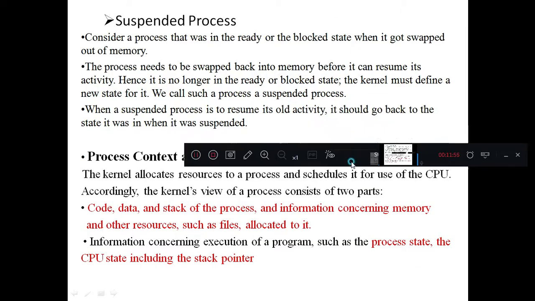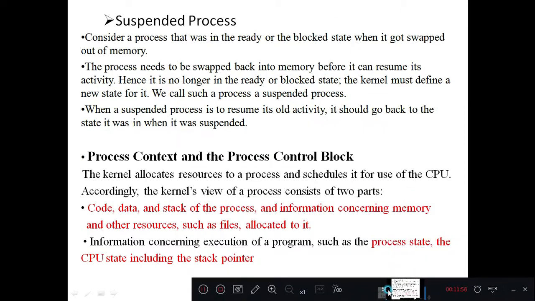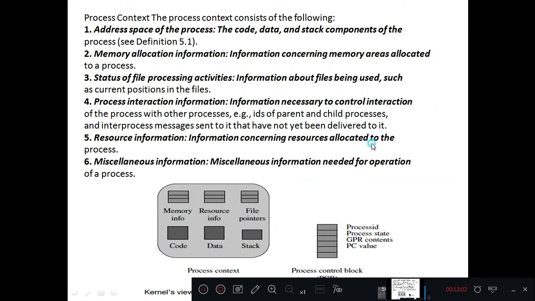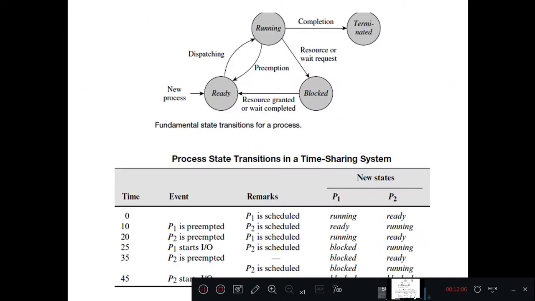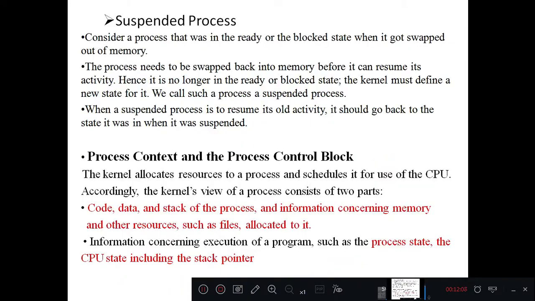Next, we will be dealing with one more process state, which is the suspended process. Right? So here I'll explain the concept of the suspended process, and I will finish this class, because I need to include one more state in the state transition diagram, in which the suspended process state needs to be included.